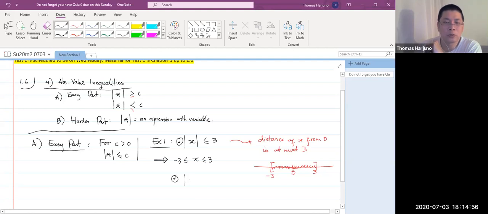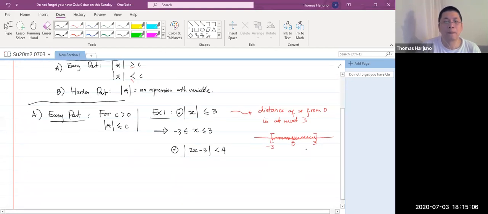How about the absolute value of, let's say, 2x minus 3 less than 4? Then how do we solve that? Our first step will be the same. Absolute value of blah is less than 4.